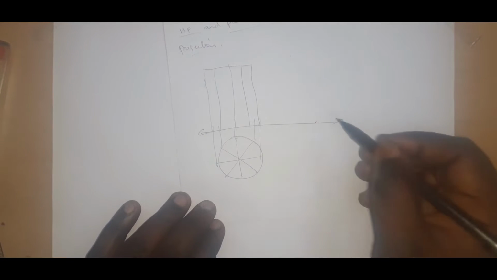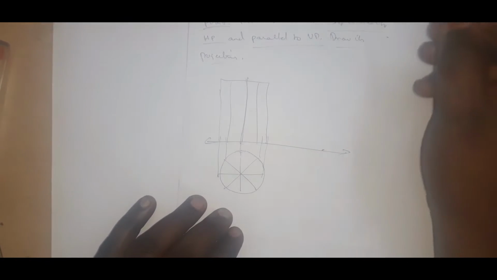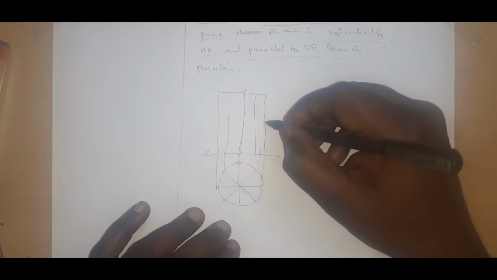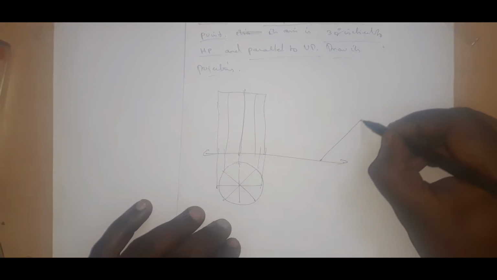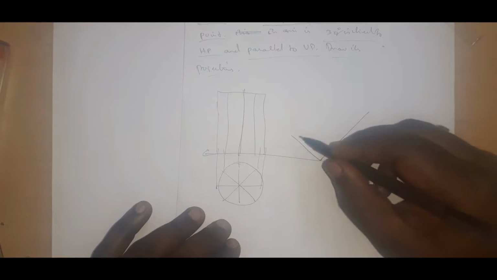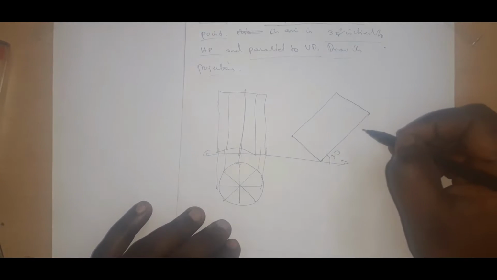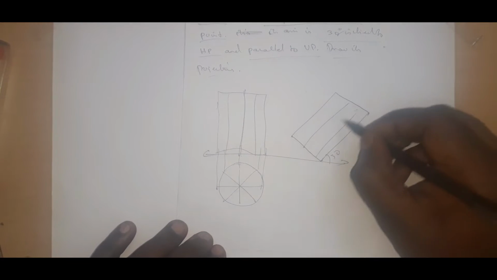Now here this axis is inclined how much? 30-degree. The axis and this edge are both parallel, so we can take this edge itself. This is 30-degree. Here we can take a 90-degree line for this length, and complete the rectangle like this. Afterwards we can mark all the dimensions inside.